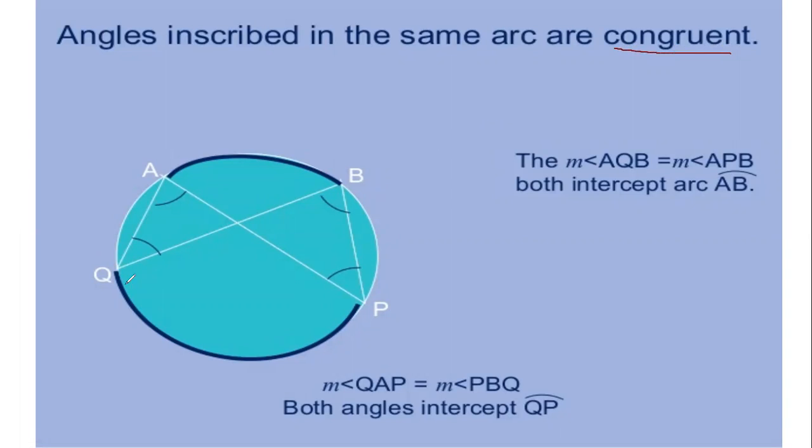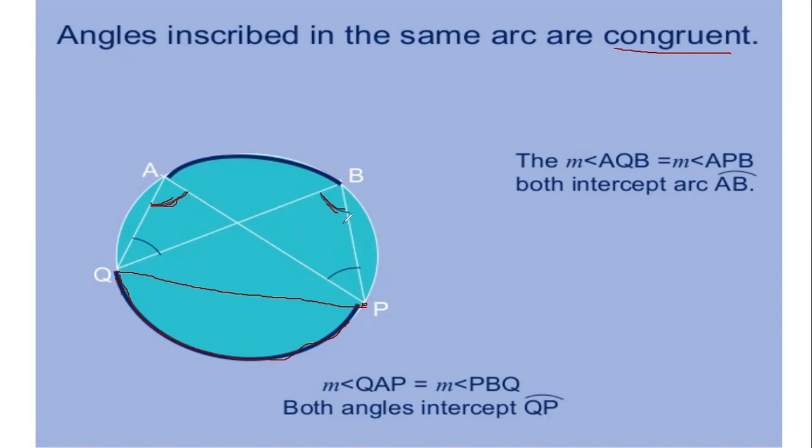For example, if you look at this arc QP, this arc subtends two angles, the angle A and the angle B, because if I draw a chord here, they all originate from this arc QP.